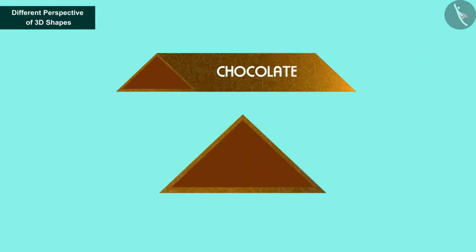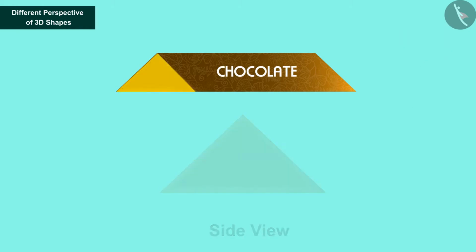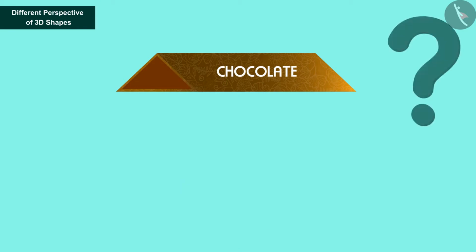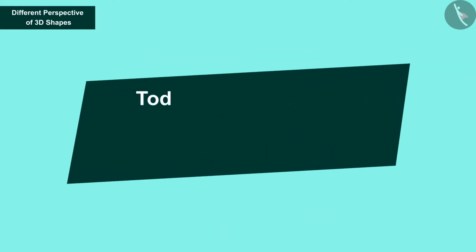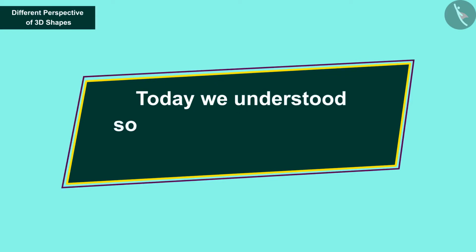The side view is a triangle. Now the question is, what will be the upper view? Perfect. Looking at it from above, we will see a view of two connected rectangles. Today we understood solid shapes with the help of examples.